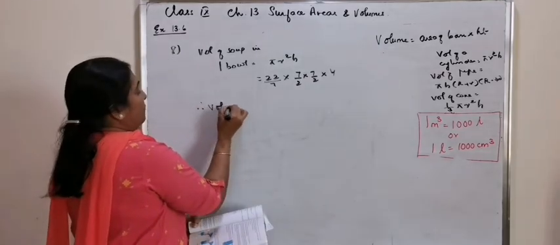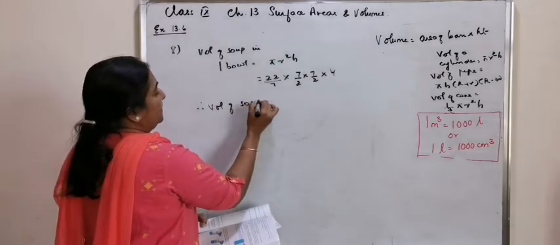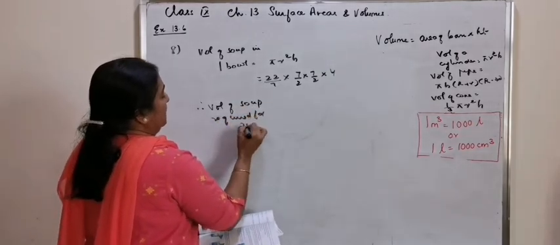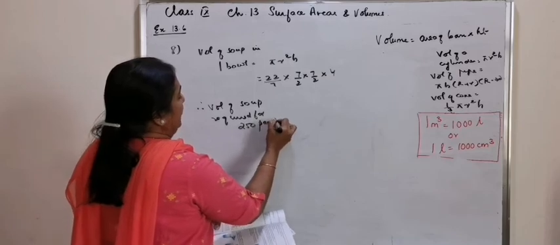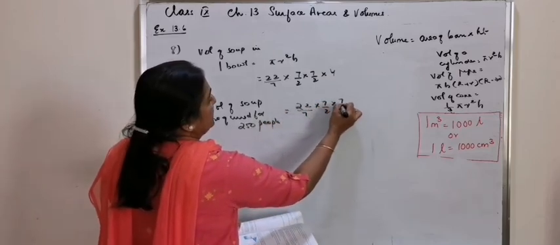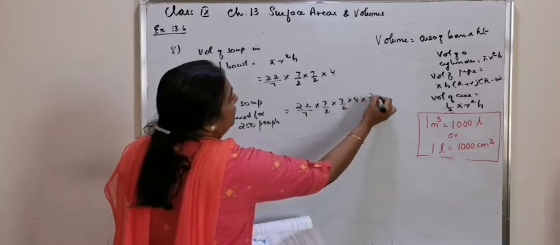Therefore, volume of soup required for 250 people is equal to 22 by 7, 7 by 2, 7 by 2, 4 into 250.